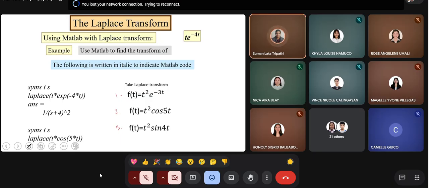MATLAB, how to do Laplace transform and how to do inverse Laplace transform. By default MATLAB is in the time domain, but if you want to convert that to the frequency domain, the first keyword will be for shifting frequency. The command will be syms, a command keyword, and t to s.